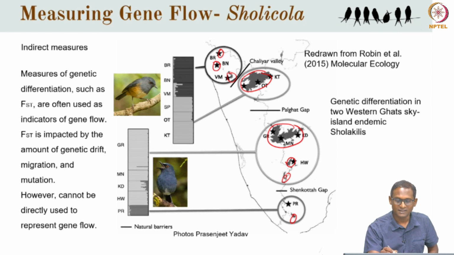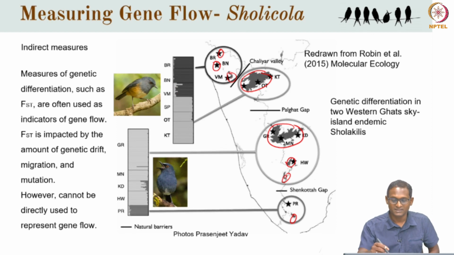And you can see that across the Chalayar Valley, which is the VM, you can see some similarity, some gene flow from the Nilgiris here, so that is interesting.